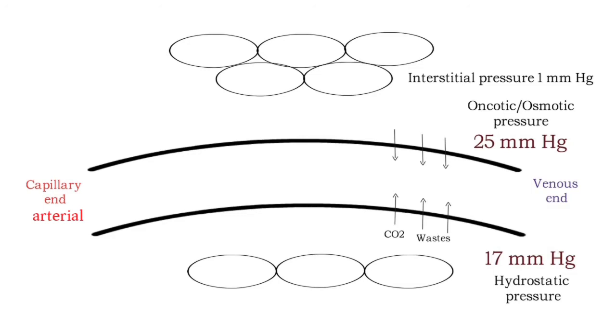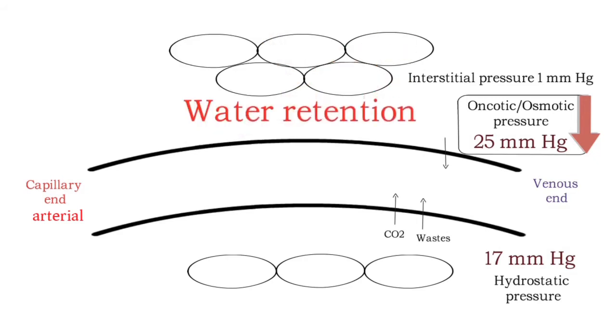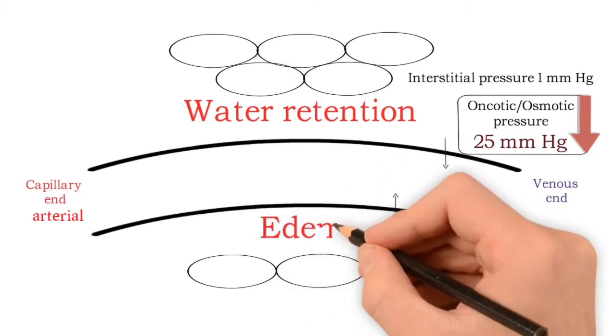The above pressures are often referred to as Starling forces. Now if the concentration of plasma proteins is markedly diminished, there will be decrease in oncotic pressure. So the fluid will no longer flow back into the circulation and water retention will occur. The condition is known as edema.